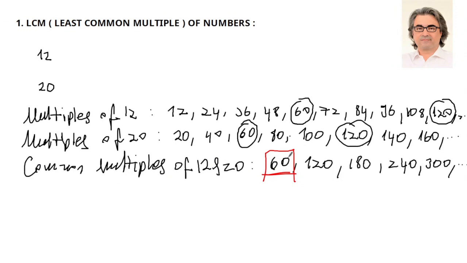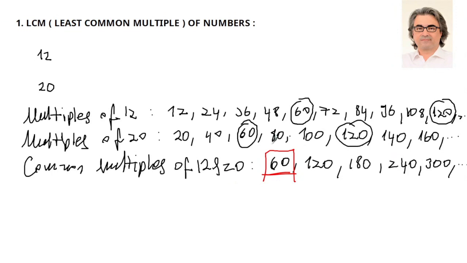The least one is 60, and 60 is divisible by both 12 and 20. The main idea here is this: the meaning of the least common multiple of two numbers is the number which is divisible by these two numbers, and it is the smallest number having this property.